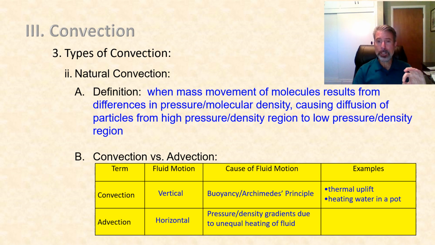While it may be thermal conduction that heats the bottom of your pot, when it comes to the liquid itself, the water, what causes the heating of the water? It is mostly going to be due to convection. And in the case of advection, we'll take a look at wind. We'll look at the delta breezes that form, that result in the transfer of matter from one region to another.